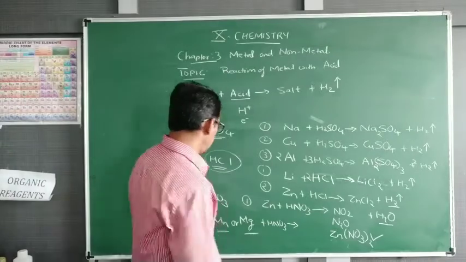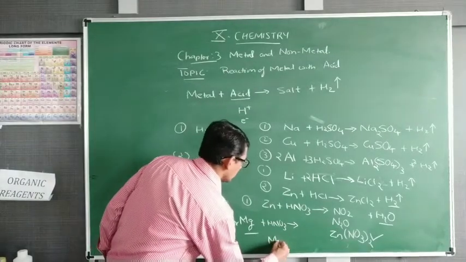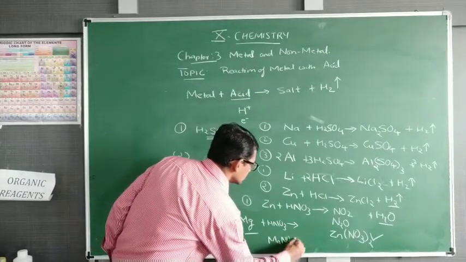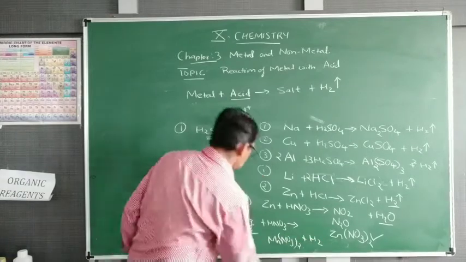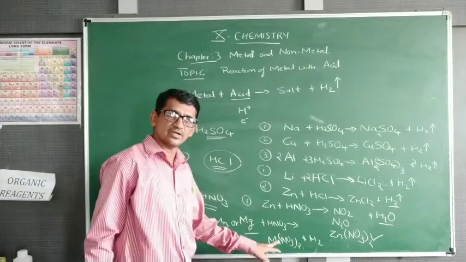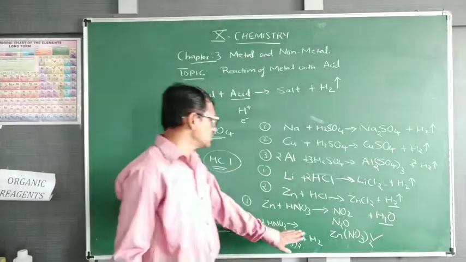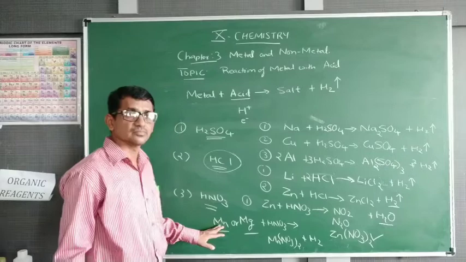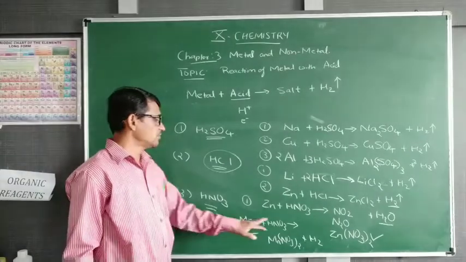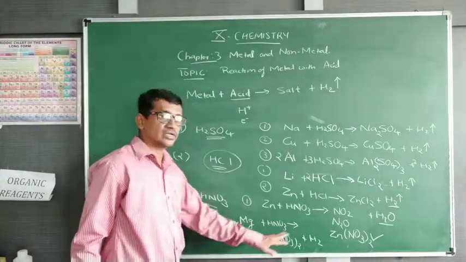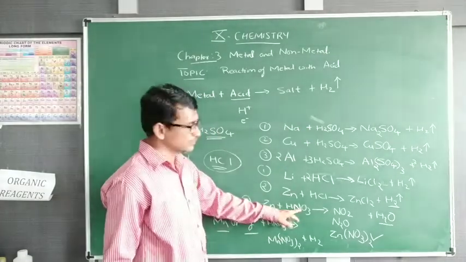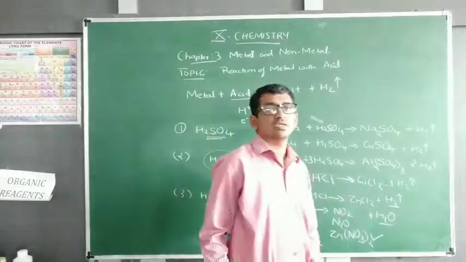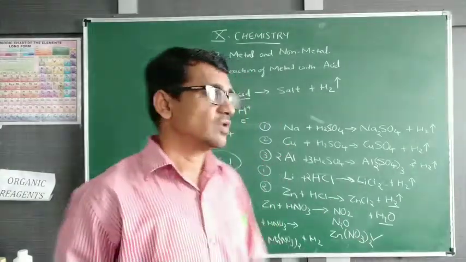Means Mn will give Mn(NO3)2 plus hydrogen gas. Similarly, magnesium nitrate and hydrogen gas. So mild metals, when they react with dilute HNO3, give salt and hydrogen; they follow this rule. But if it is concentrated HNO3, then instead of hydrogen, water will produce.